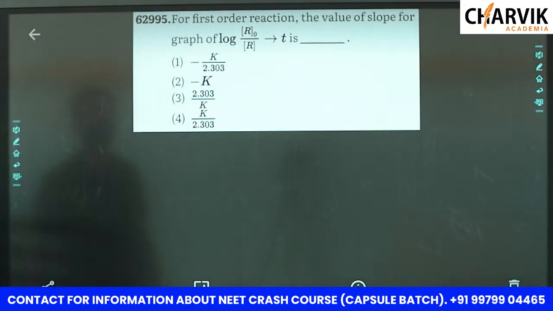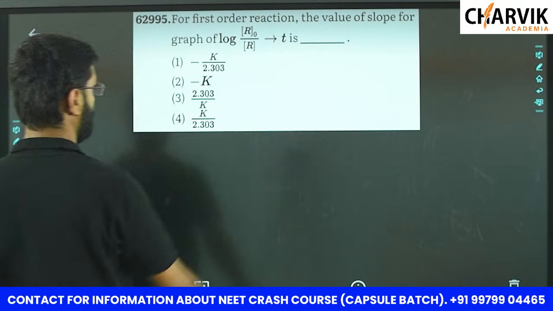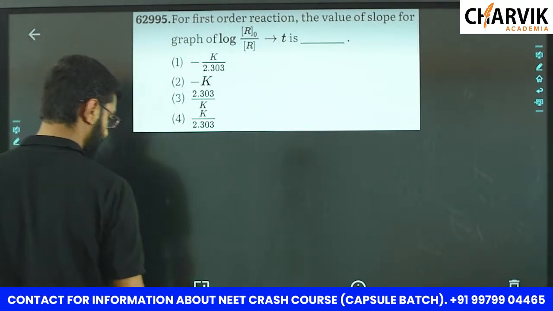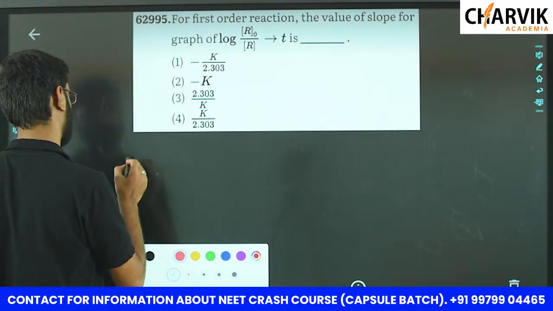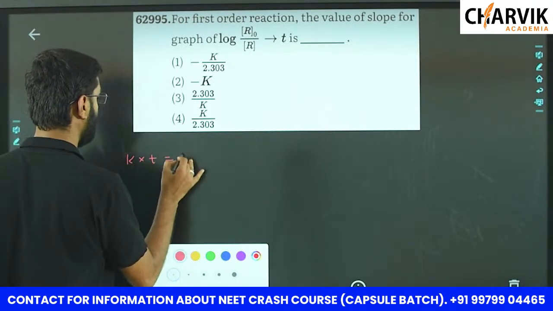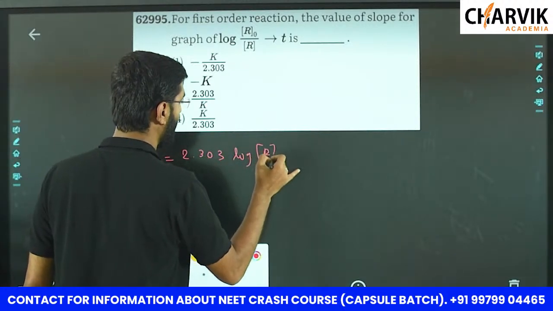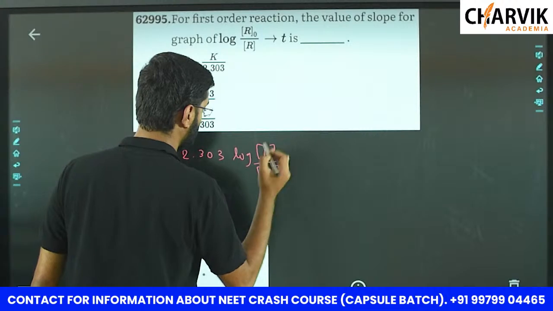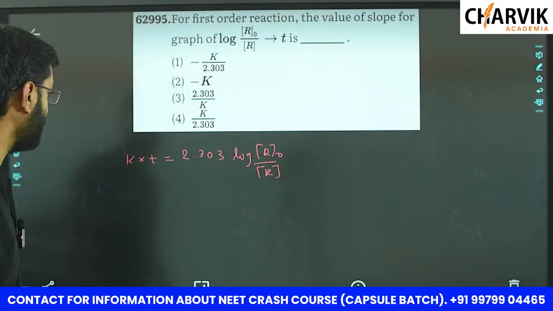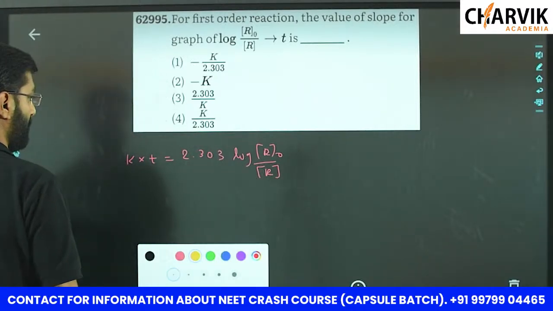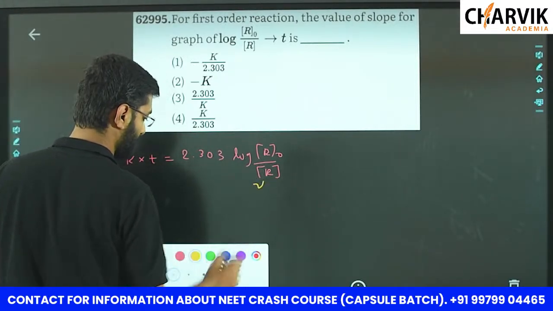For a first order reaction, the value of the slope of the graph of log R naught by R versus T. Now, famous equation: K into T equals 2.303 log R naught by R. Well known equation, right?